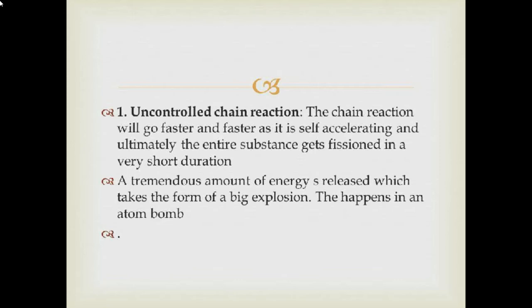A tremendous amount of energy is released, which takes the form of a big explosion, as we already saw in our history. Hiroshima and Nagasaki are the best examples of this reaction. This happens in an atom bomb. Very important: a tremendous amount of energy is released.